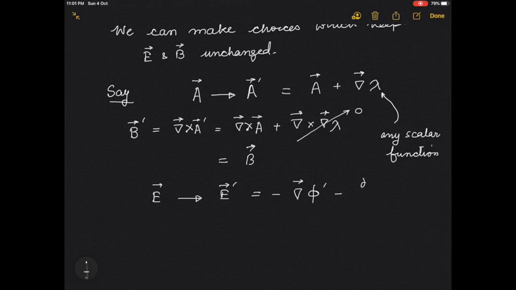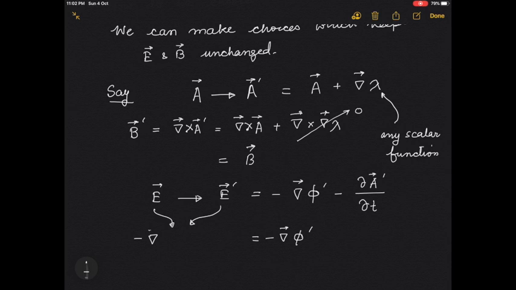I'm presuming that phi also has to be changed to phi prime. I still don't know what is phi prime. But E has to be same as E prime.